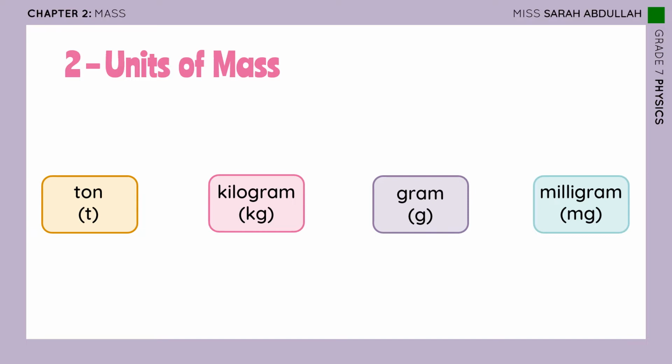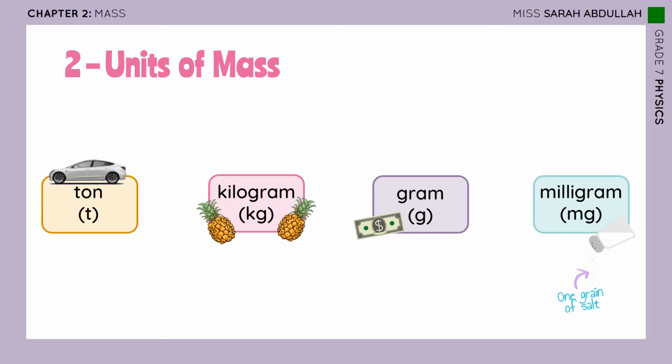I did say 1 ton is equal to the mass of a car, right? How about a kilogram? How much is a kilogram? About 2 pineapples. How about a gram? It would be the mass of a $1 bill. And a milligram is the mass of 1 grain of salt.